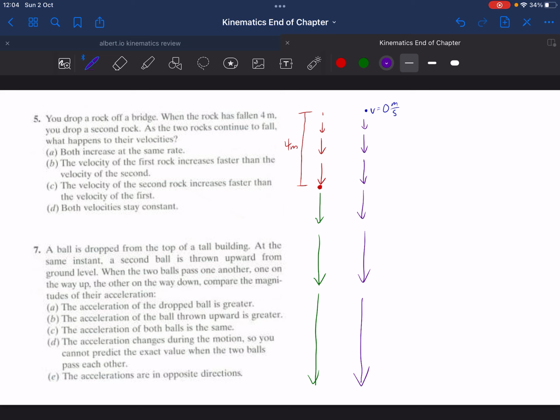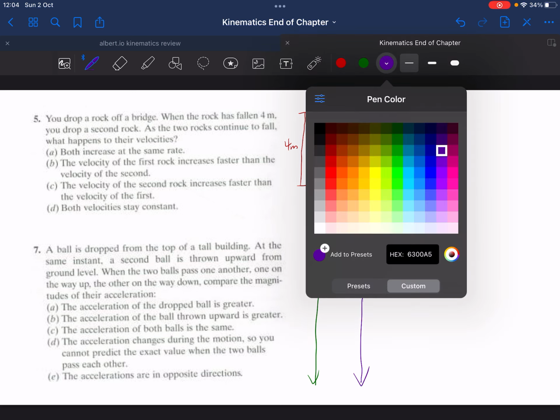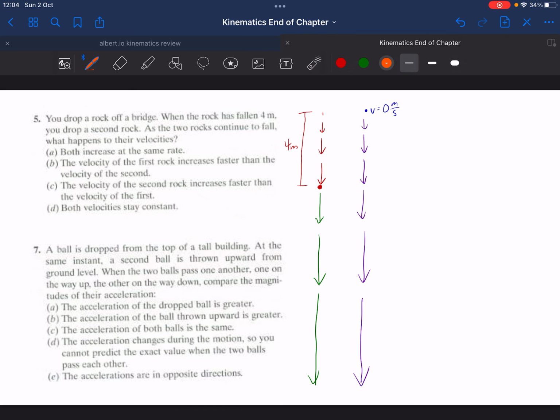Okay, so what is true here? Well, if we look at both of these rocks, we can say that they are both going to accelerate at the acceleration of gravity. So both of these rocks are going to be falling at the same constant acceleration.